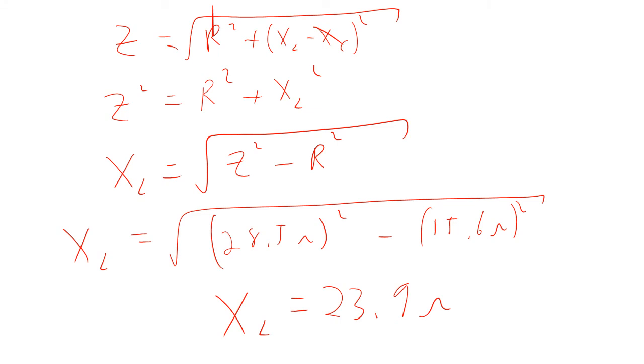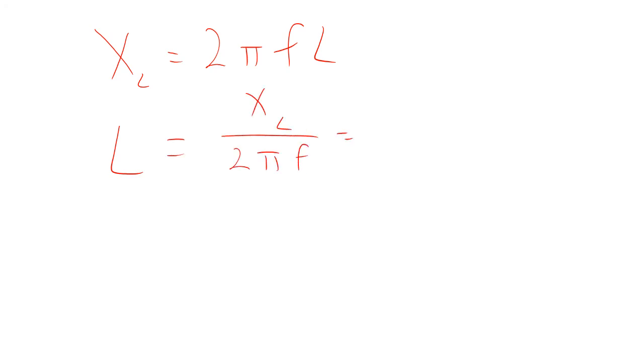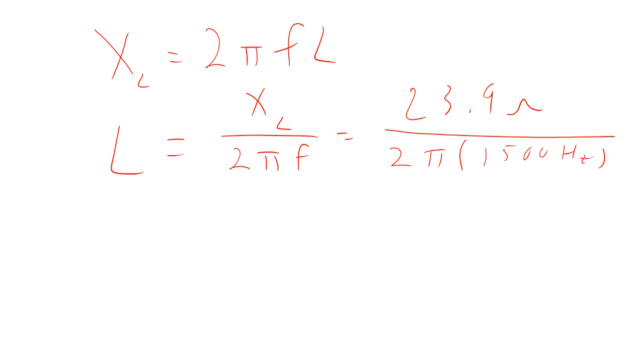Well, XL is 2 pi FL. So L is going to be XL over 2 pi F. So that will be equal to 23.9 ohms divided by 2 pi times 1.5 kilohertz, so that's 1500 hertz.